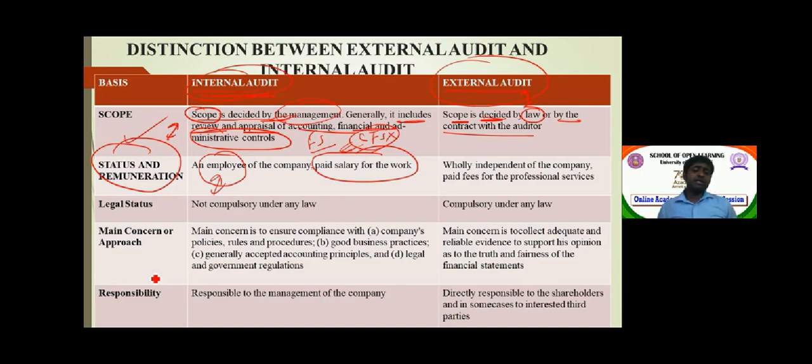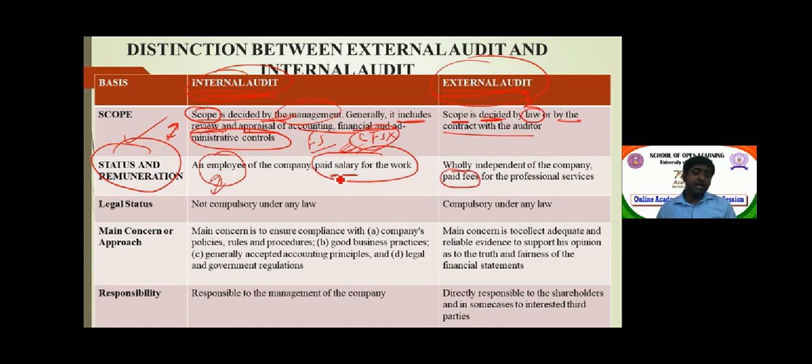Sometimes the internal auditor is the accountant also, so he is preparing the accounts, he is auditing the financial statement as well, and he is paid salary for that same work.